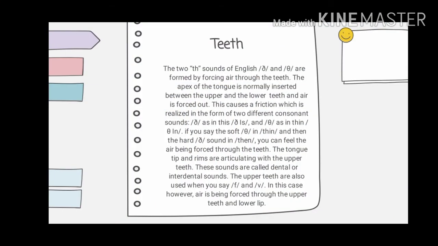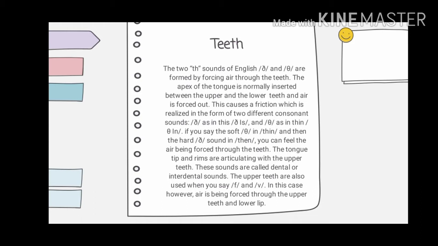Okay, my name is Laili Indah Kusuma. Today I will explain about the definition of place of articulation teeth. The th sounds of English are formed by forcing air through the teeth. The apex of the tongue is normally inserted between the upper and the lower teeth, and air is forced out.